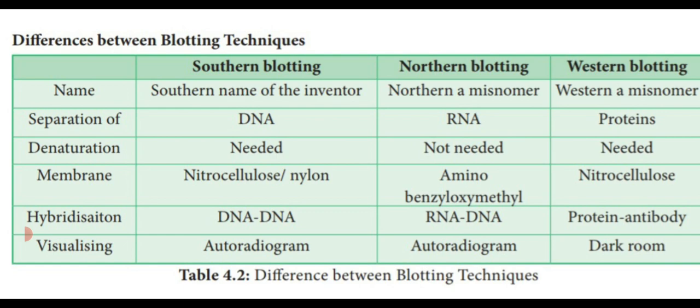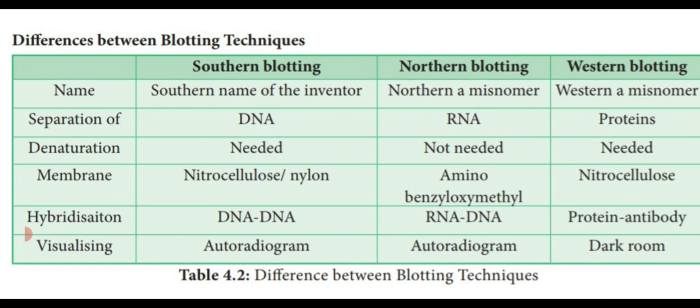The next one, Northern blotting: the RNA is separated, and the probe is DNA. Then protein and antibody for Western. The visualizing processes: the first one is autoradiography, the second one is autoradiography, then the third one is the dark room.